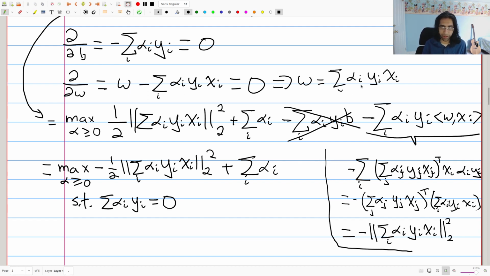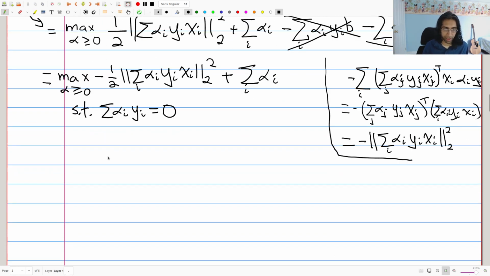Note that this constraint here doesn't have to be there, because we've already eliminated this w, so it doesn't really make any sense to say w minus whatever. This is basically just a substitution, so it's done. But we still have this constraint, which is present. And the final thing we're going to do to simplify this, one last step, is to change this from a max to a min, because generally we like to focus on convex minimization problems rather than concave maximization problems.